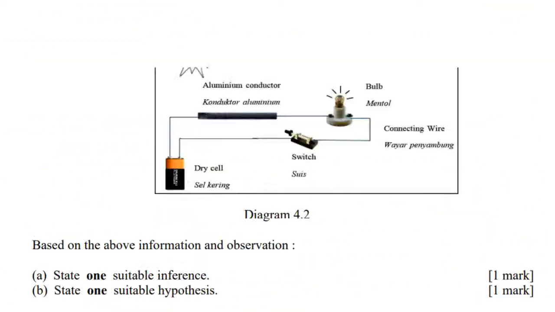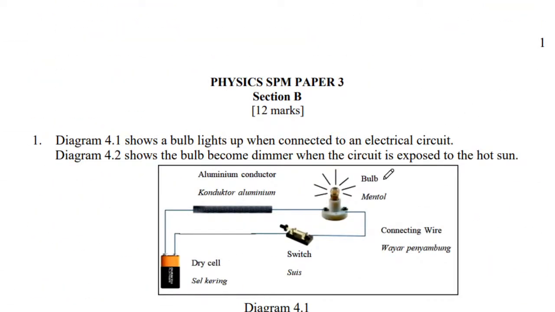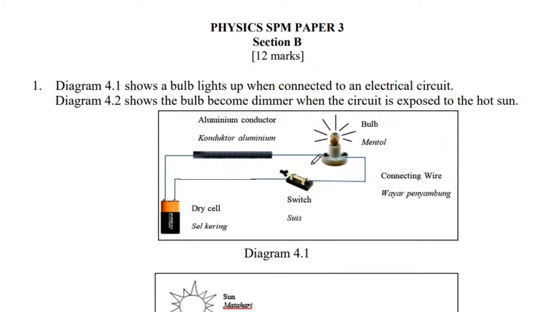So far, SPM questions have come out a few times on factors affecting resistance. It's either the diameter or the length of the conductor. I have not seen any past year question relating temperature and resistance, but you need to know about this.